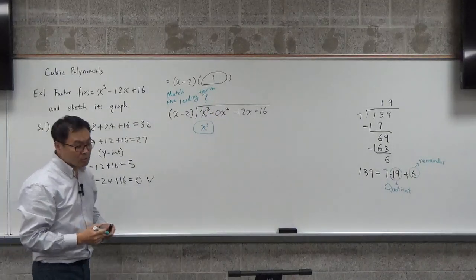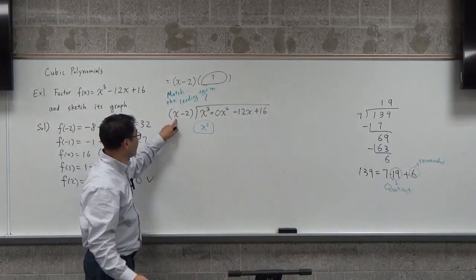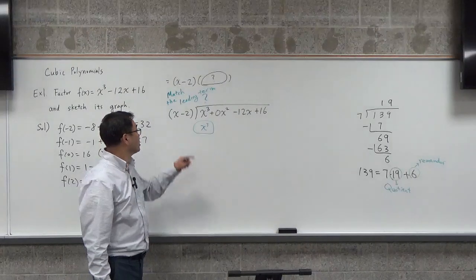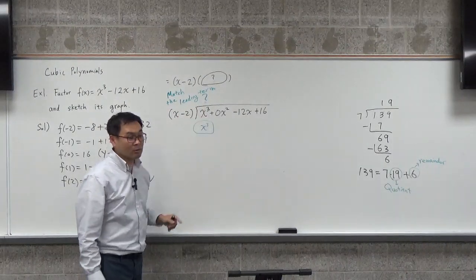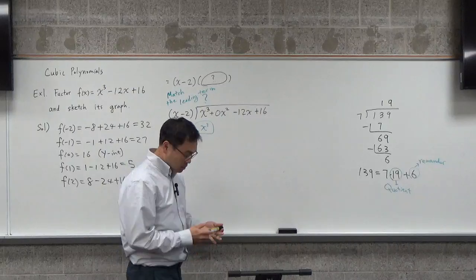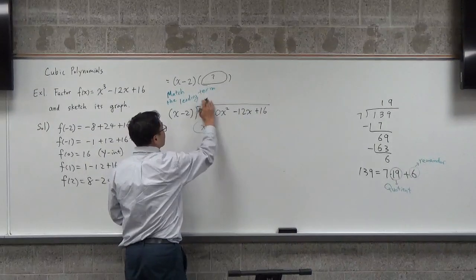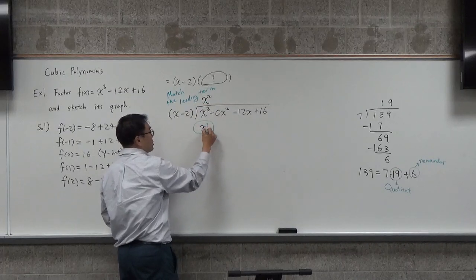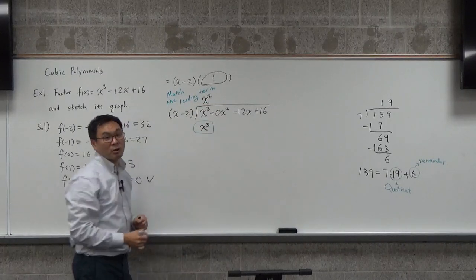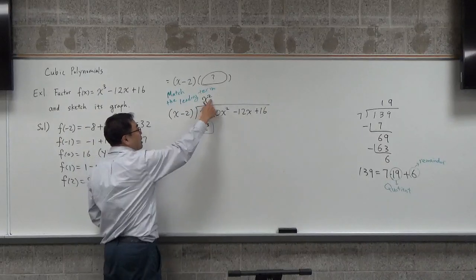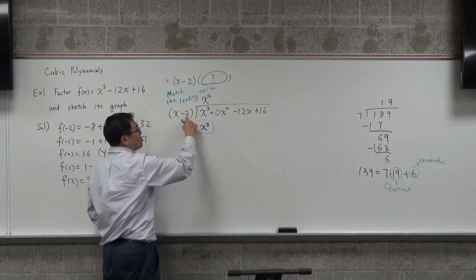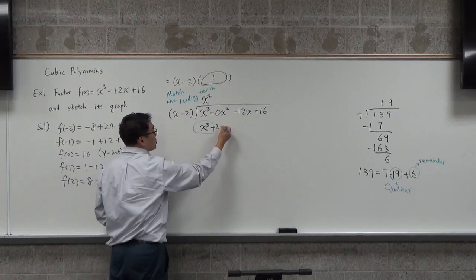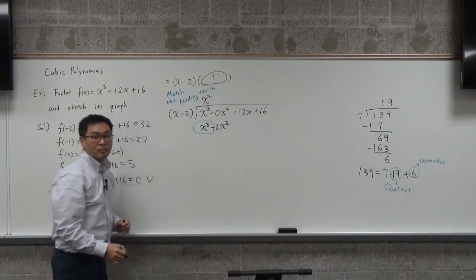So what do you think you should multiply to x to get x cubed? What times x gives you x cubed? X squared, yes. So you put here x squared, and x squared now gets multiplied to x to create x cubed as we wanted. But then because you're multiplying x squared to both of them, you still have to compute negative 2 times x squared, which is negative 2x squared, right?